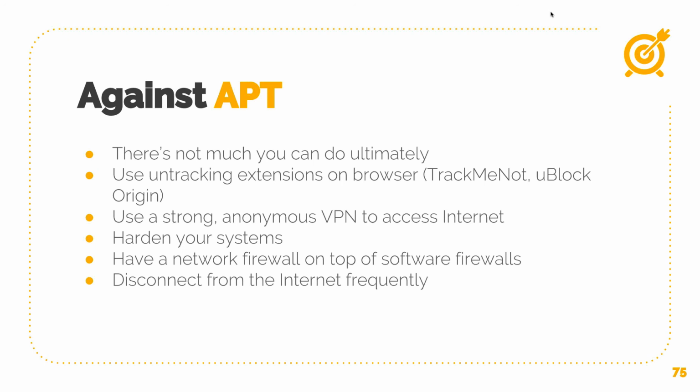As to what hardening means, I suggest that you Google. You need to have a network firewall on top of software firewalls on your systems. And you also need to disconnect from the internet frequently because if an APT gets access to your network, they have to be disconnected to be forced to start over from time to time. Otherwise, they're just going to escalate their access and get complete control of your machines.